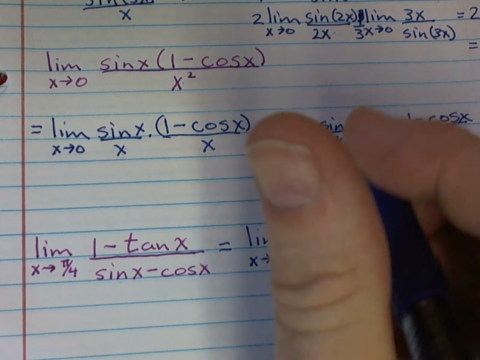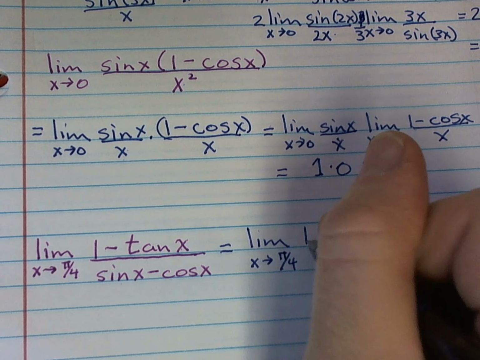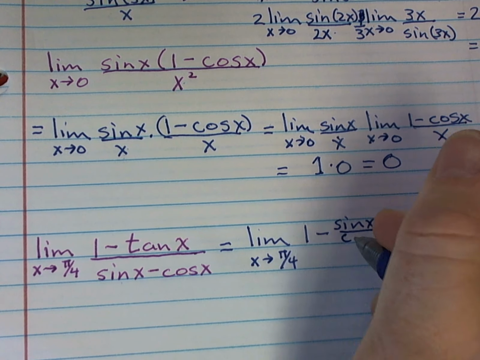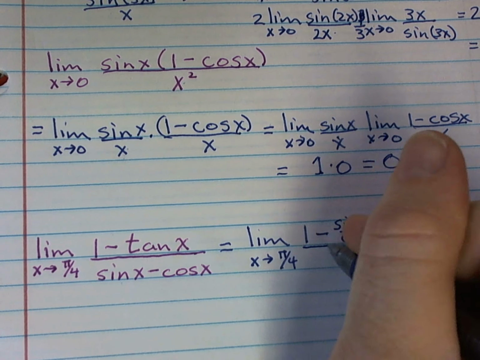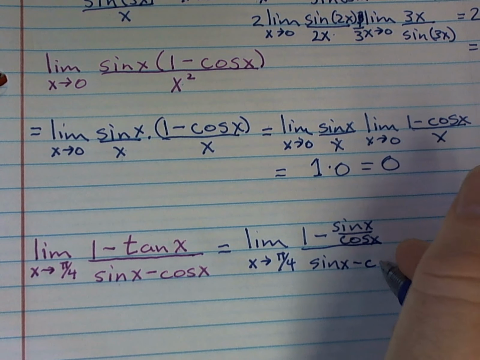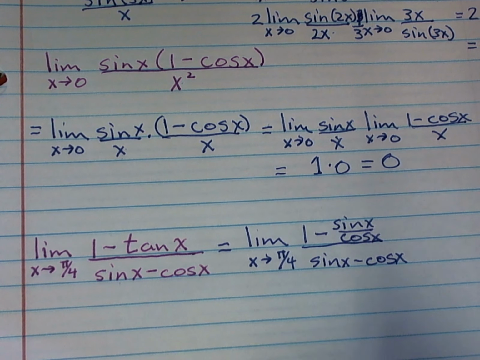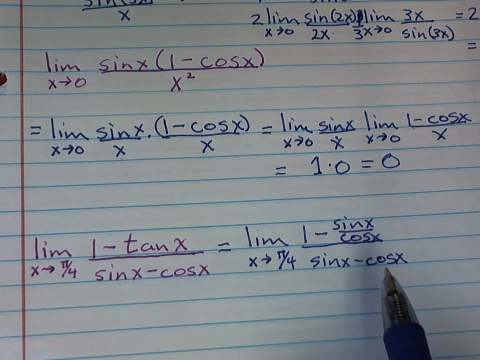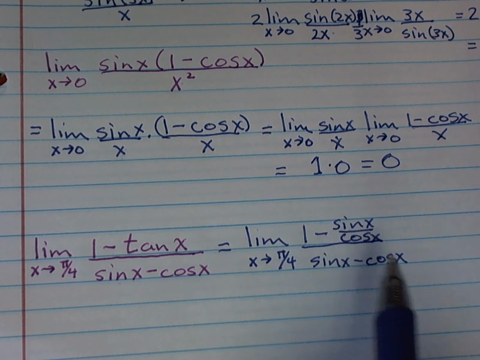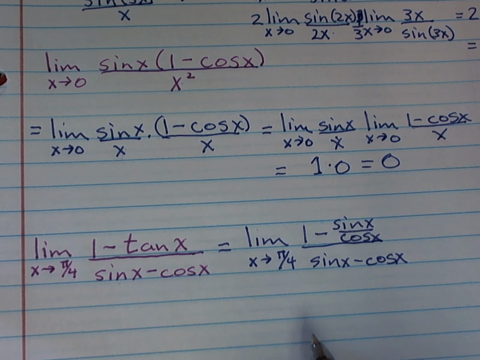This is just a path you can take. I could say, well, tangent is sine over cosine.